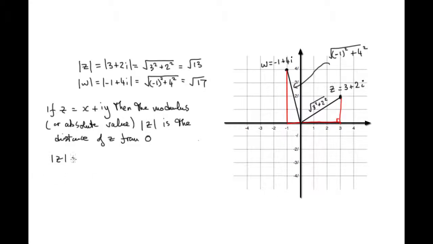In other words, the modulus of z is the positive square root of x squared plus y squared.